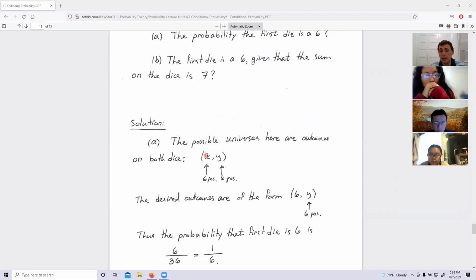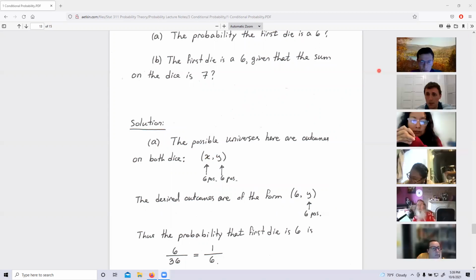Properly speaking, the sample space are two outcomes, outcome on first die and outcome on the second die. There are altogether 36 possible universes. Is that clear? Just if the only thing on the universe is the outcome on those dice, if we have this restricted universe, then we have 36 outcomes.